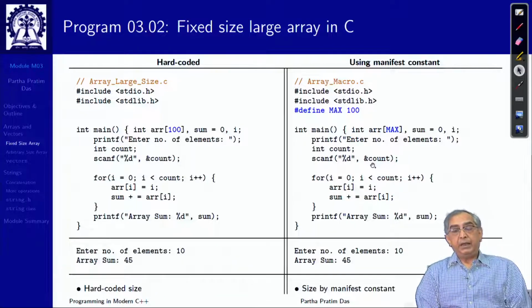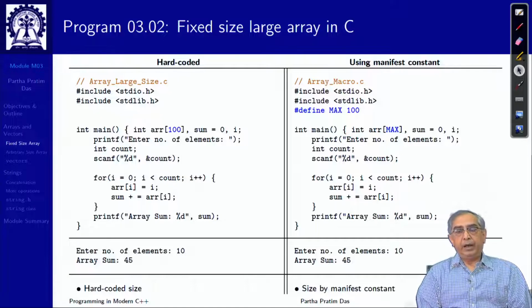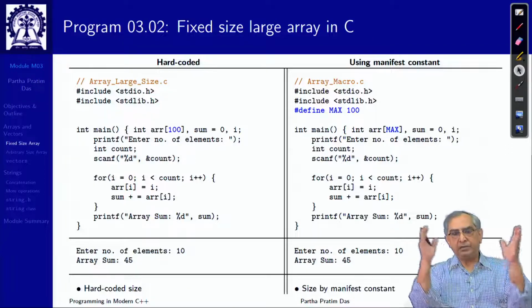Now, let us say this fixed size array could be a large one, and it is fixed size because we do not know what the maximum size should be. So, we just make it large.